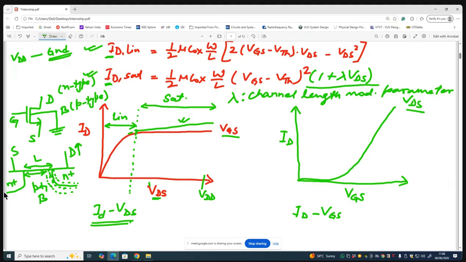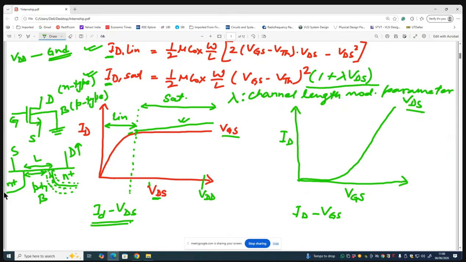Now to account for this, either we make this length VDS dependent, right? We have two possibilities to account for this increase in saturation current with VDS. As we see from this cross section of the device, with VDS the effective channel length is decreasing, whereas in the current equation we assume that this channel length L is fixed, independent of VDS.